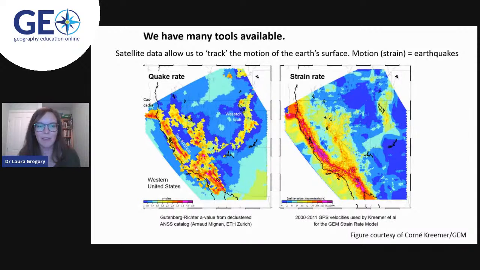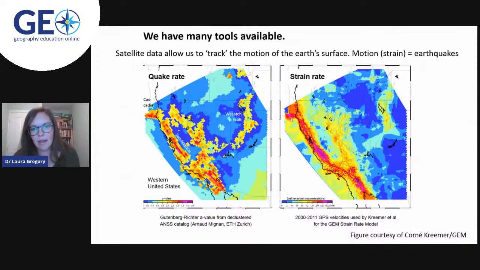So this is just a way of plotting actual earthquake locations. Someone has got all the earthquakes, from little up to big, that have happened in these areas, and they've said, well, we're in red and pink, and then yellow is where lots of earthquakes have occurred. And you can see that this map matches quite nicely with places in pink, which is where things are moving the fastest that we can see using satellites.